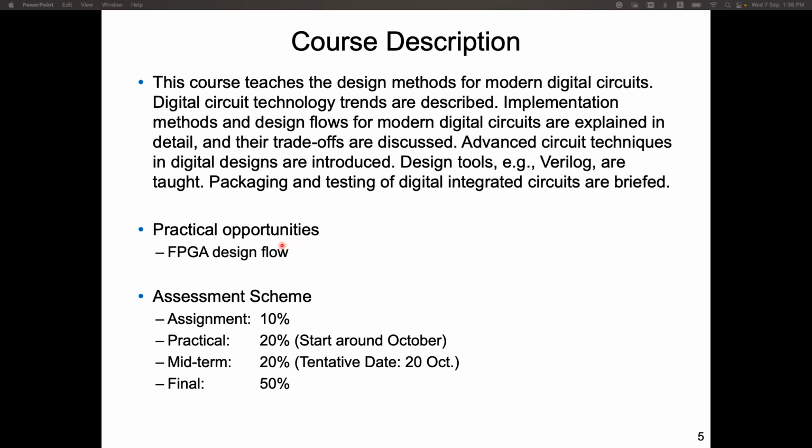And you will gain practical opportunities in this course. You will build some digital designs on FPGA boards. Let me take a sample out here.